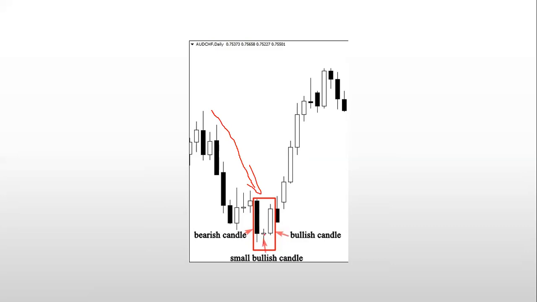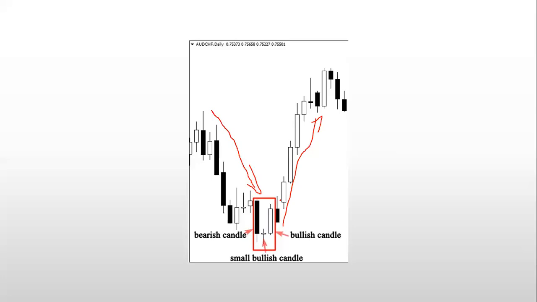It could also be a small bearish candle. It depends. When there's a long bullish candle taking place, you expect the market to go all the way up. So take note that the morning star comprises three candles: a long bearish candle with either a short bullish or bearish candle. Then you expect a long bullish candle again, just the opposite.